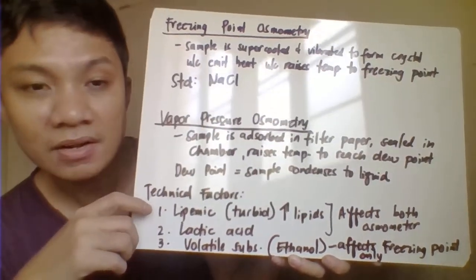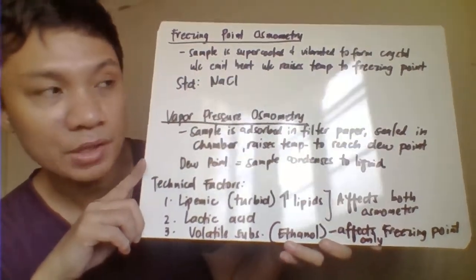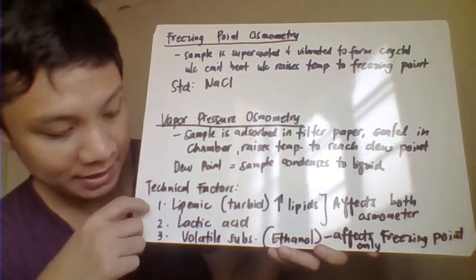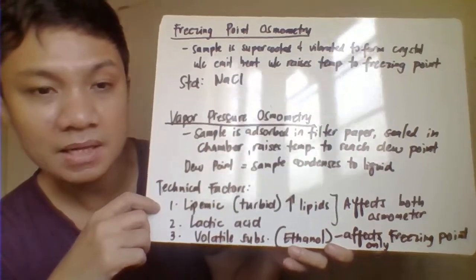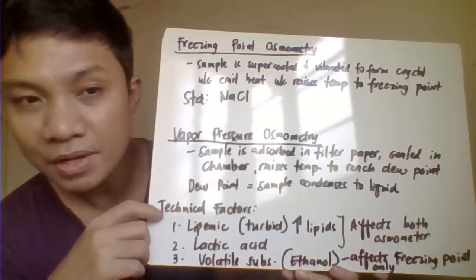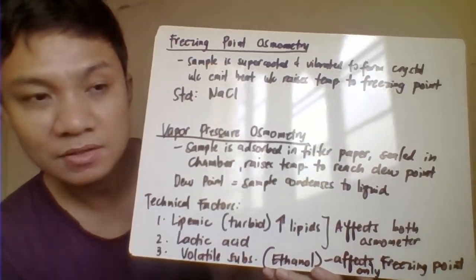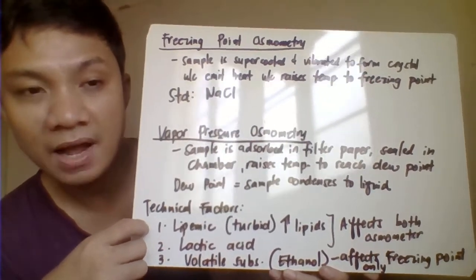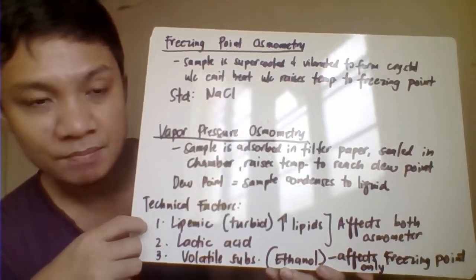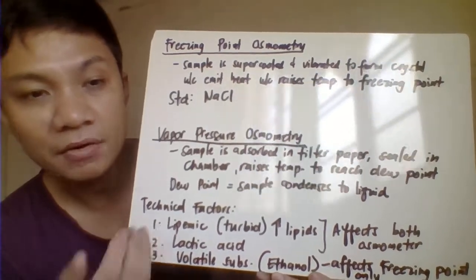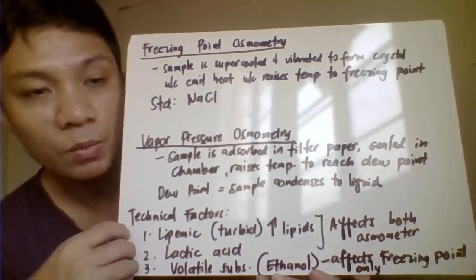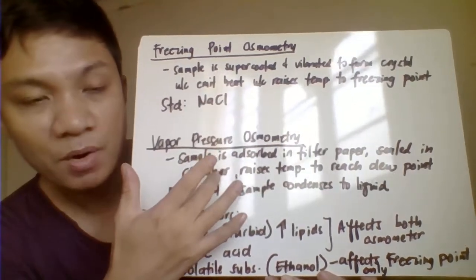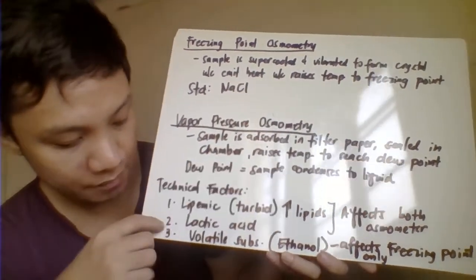We have here the technical considerations for the two osmometers, the vapor pressure and the freezing point. The first one, we have lipemic sample. If your sample is turbid, lipemic is turbid na sample. It might be because of high concentration of the lipids. If your sample is lipemic or highly turbid, it will affect both your freezing point and your vapor pressure osmometer.